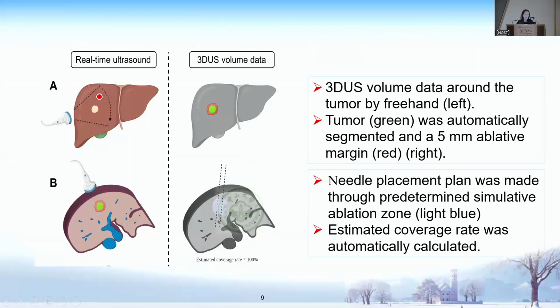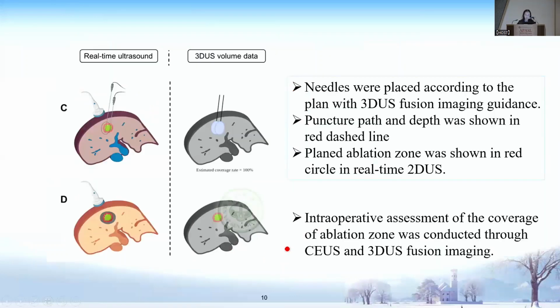Here in real-time ultrasound, we take the 3D data by free hand, and then the system automatically segments the tumor and the 5 mm or 1 mm ablative safety margin. Then the needle placement is done through the simulated ablation zone, and the estimated coverage rate is automatically calculated from your needles and your power.